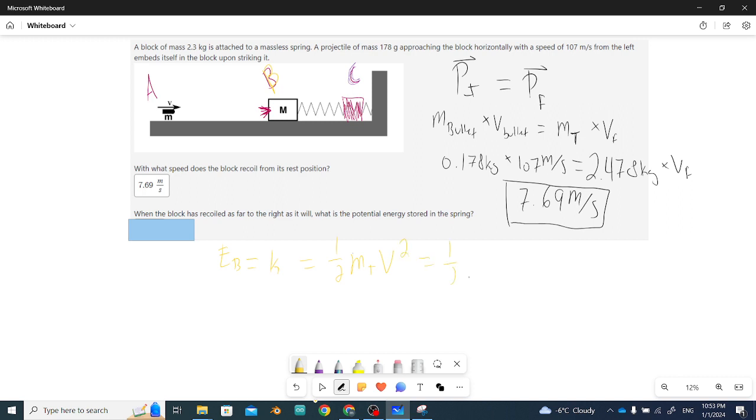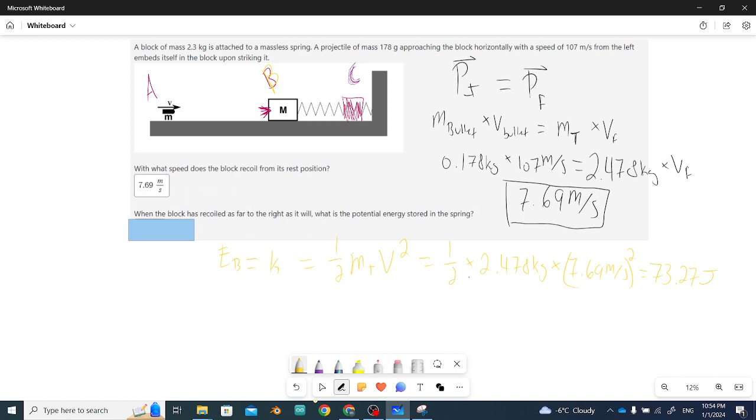Then we replace: total mass 2.478 kilograms times 7.69 meters per second squared. So 1/2 times 2.478 times 7.69 squared, which would be 73.27 joules.